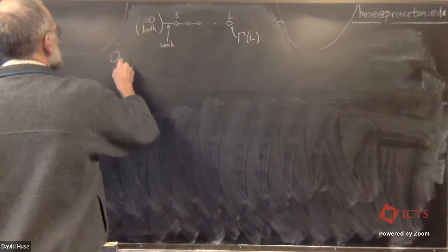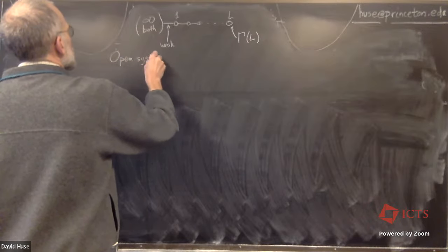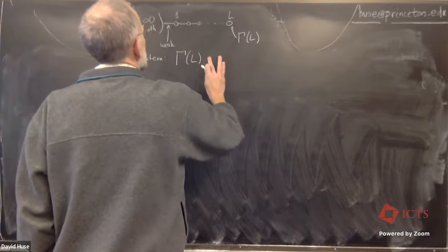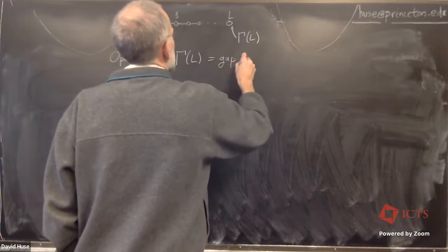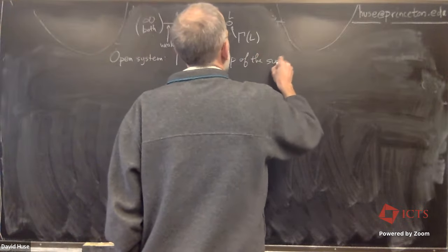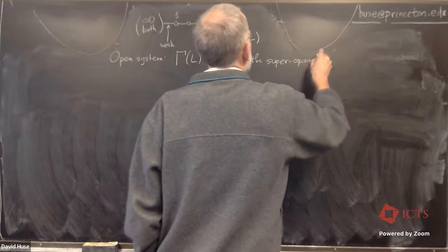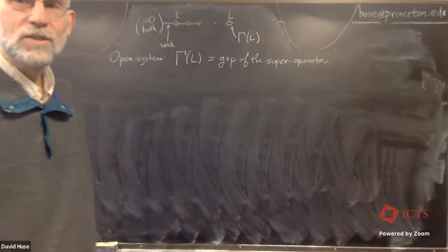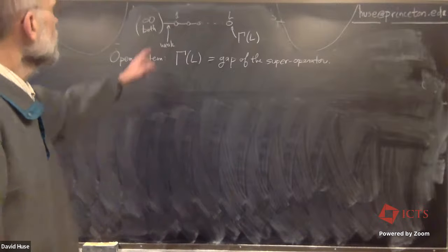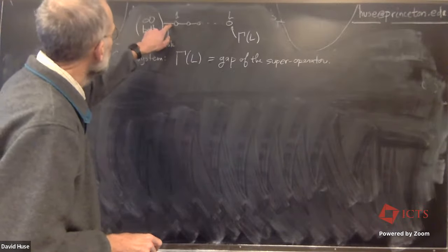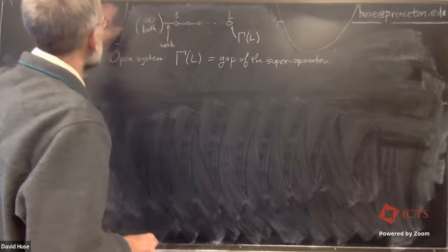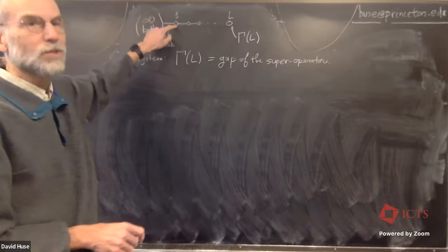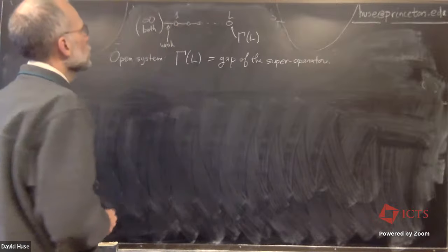So this is now an open system. And gamma of L is the gap of the superoperator, the Lindbladian, whatever the superoperator is that generates this open system dynamics. And if you take the limit where this coupling is weak, which is appropriate, so if this represents a rare region which is arbitrarily far away, the coupling of that rare region to spin 1 is extremely small. So we take the limit where this is arbitrarily weak.